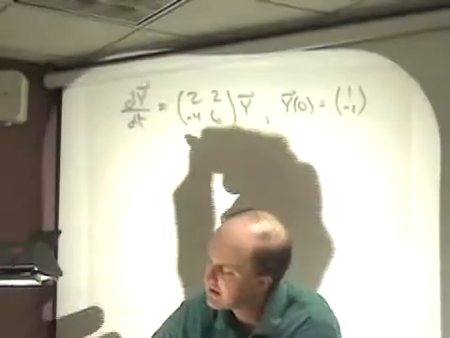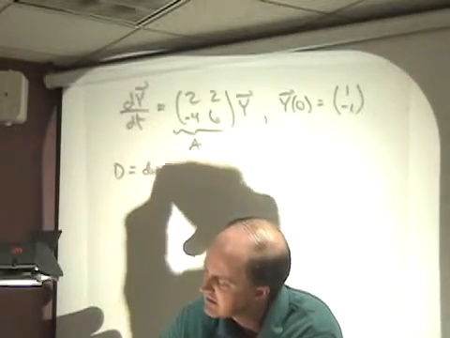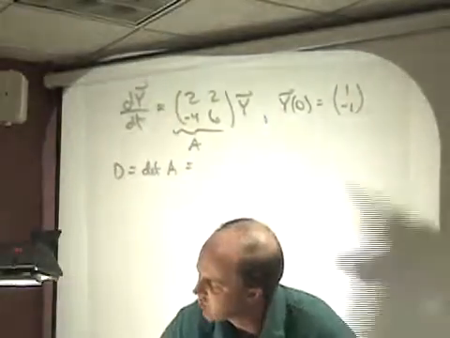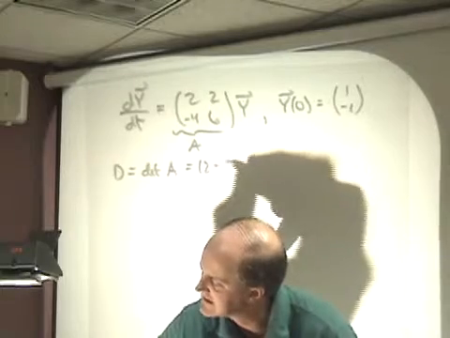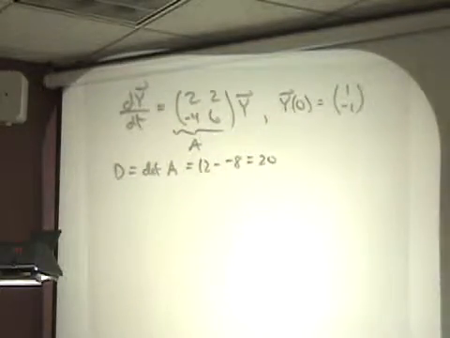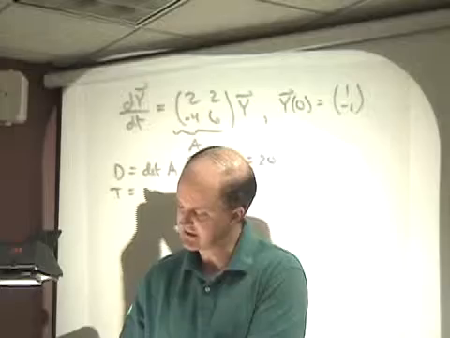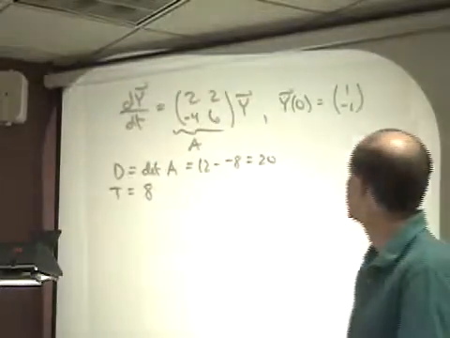All right, so there's A. The determinant of A is going to be 12 minus negative 8, which will be positive 20, non-zero. So as usual, the origin will be the only equilibrium point. The trace is going to be 2 plus 6, that's 8.